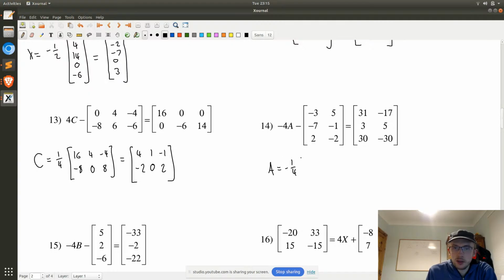That's negative a quarter of that 3 by 2 matrix there, added to that 3 by 2 matrix there. So that's 28.